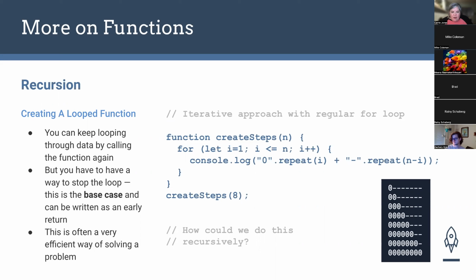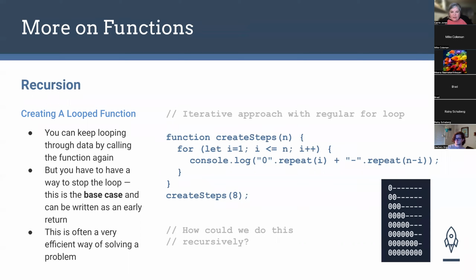For each one, I'm going to repeat this O, this 0, i times, and then repeat the hyphen n minus i times, the remainder. And because this is a for loop, it's automatically incrementing each time by 1.